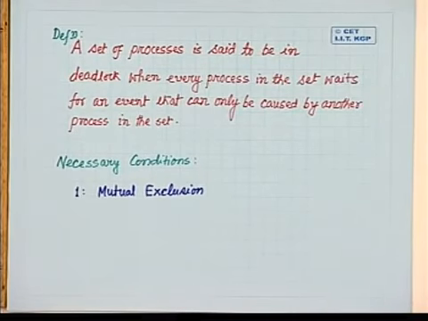For example, a printer. A printer cannot be simultaneously shared by more than one process, because in that case the output of different processes will get mixed up, and from the printout you will not be able to understand which is what. So there must be at least one resource in the system which cannot be shared by more than one process. That is mutual exclusion, the first condition for the occurrence of deadlock.